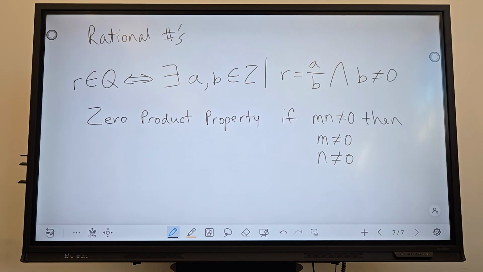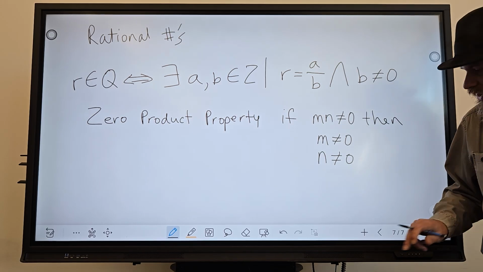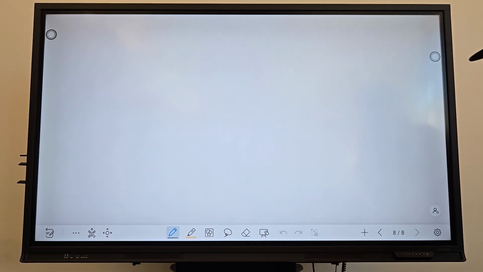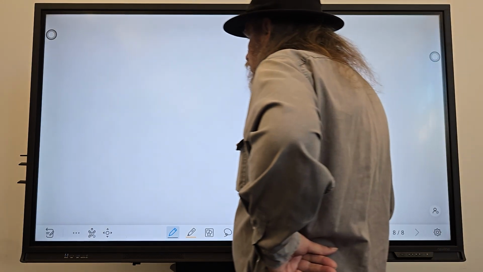Let's see here. Most problems, of course, are going to be stated in informal language, but solving them requires translating them into more formal terms. So let's prove some properties of rational numbers. Prove that the sum of any two rational numbers is rational.